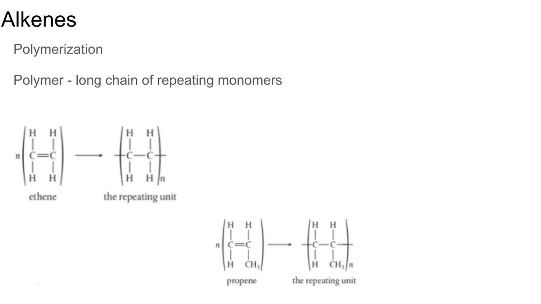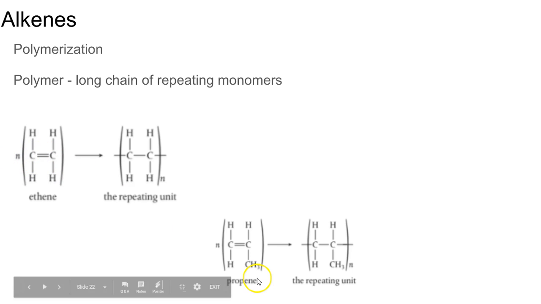Pretty much the difference between this and this, the repeating unit has a single bond between the carbons, while the actual polymer, represented N right here, meaning this can repeat multiple times, has a double bond. Same thing if we look at the propene here, it's got the double bond there, while the repeating unit does not have the double bond.